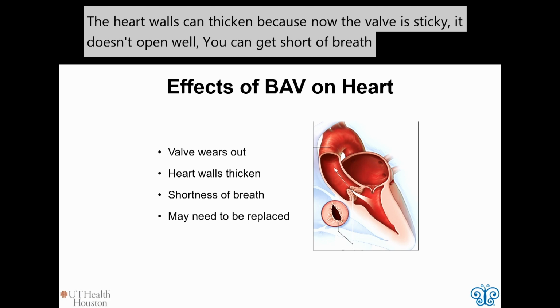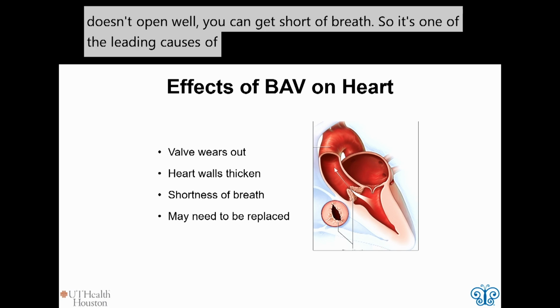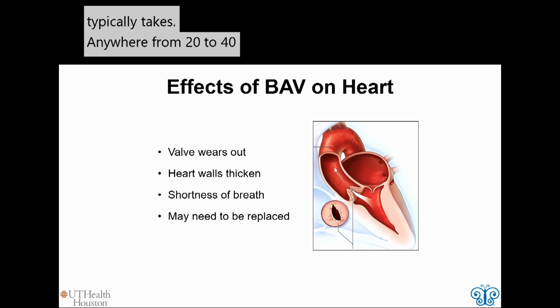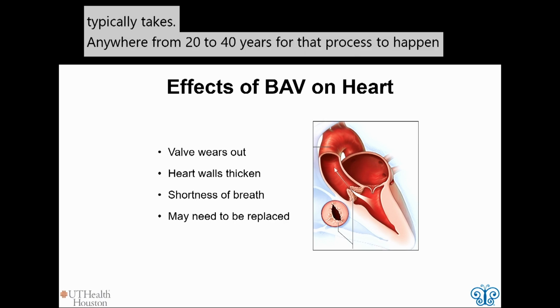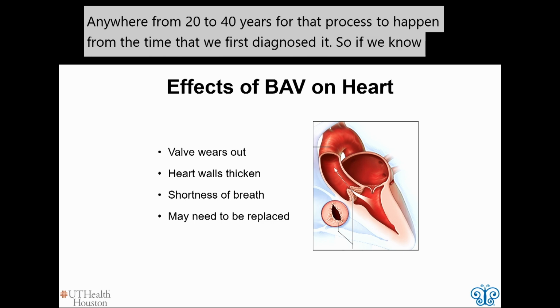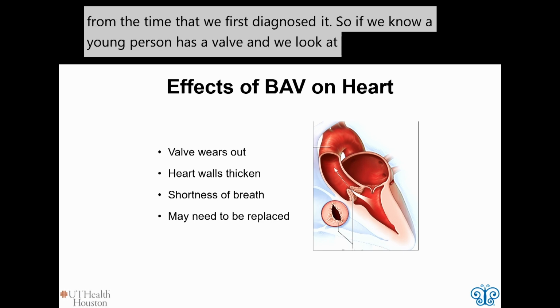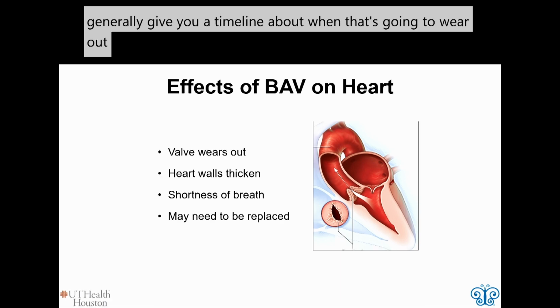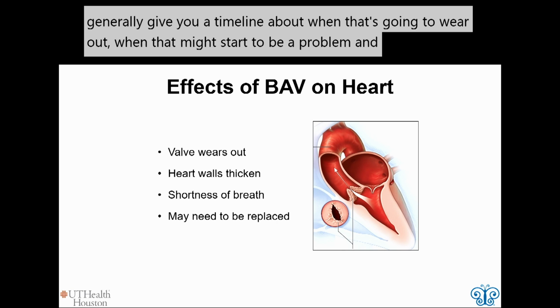So it's one of the leading causes of needing heart valve surgery, and it typically takes anywhere from 20 to 40 years for that process to happen from the time that we first diagnose it. So if we know a young person has a valve and we look at the valve, we can generally give you a timeline about when that's going to wear out, when that might start to be a problem. And it's usually not for at least 20 years.